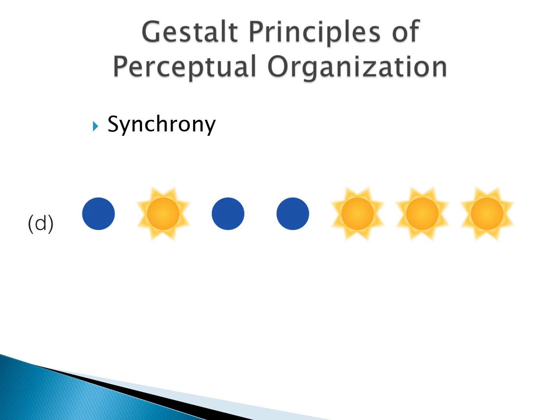If the second, fifth, sixth, and seventh lights are on at the same time, and then the first, third, and fourth lights blink on at a different time, even though we have that proximity, we're going to use synchrony. Synchrony tends to trump a lot of our other heuristics for perceptual organization.